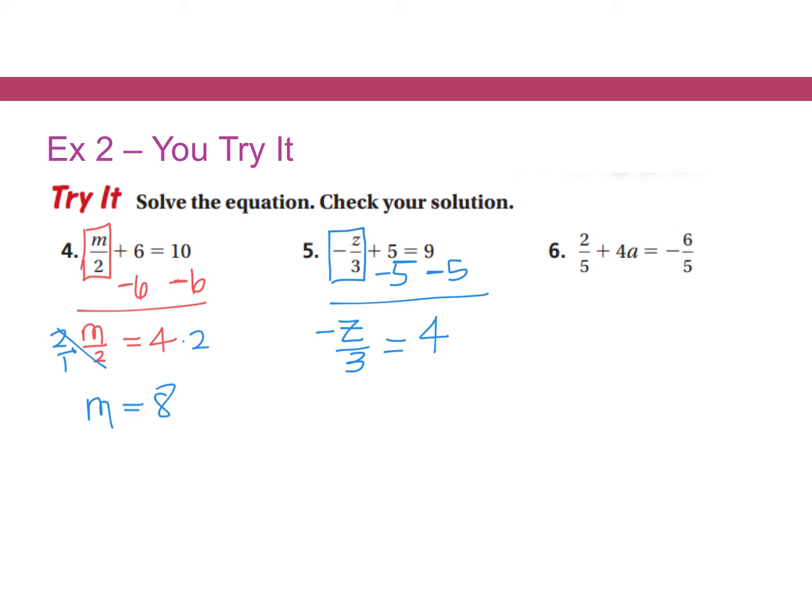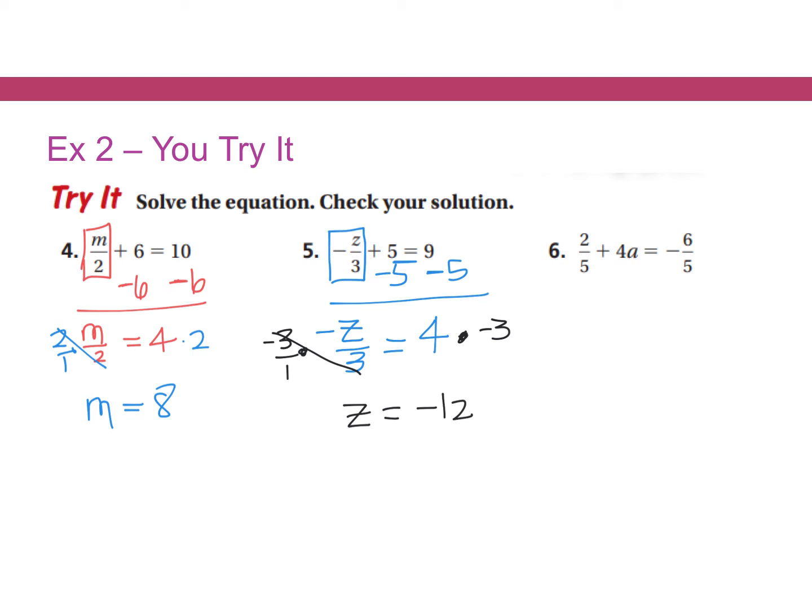And to undo the division of a negative 3, I'm going to multiply both sides by a negative 3. My negative 3's are going to cancel, and I'll be left with z equals a negative 12.